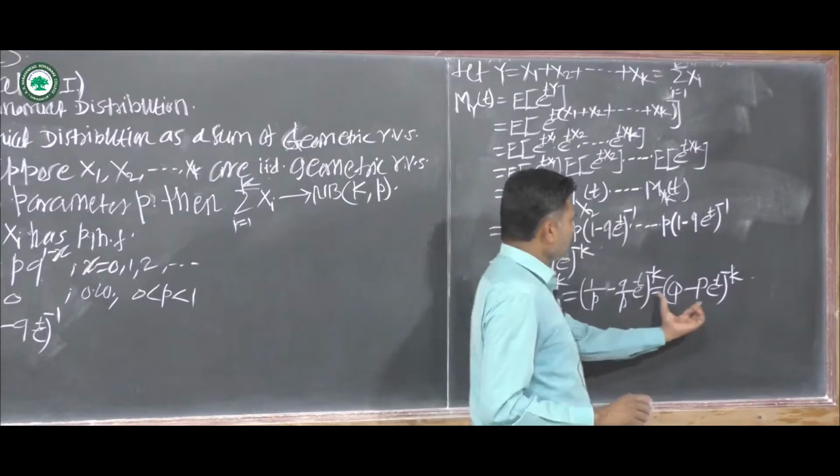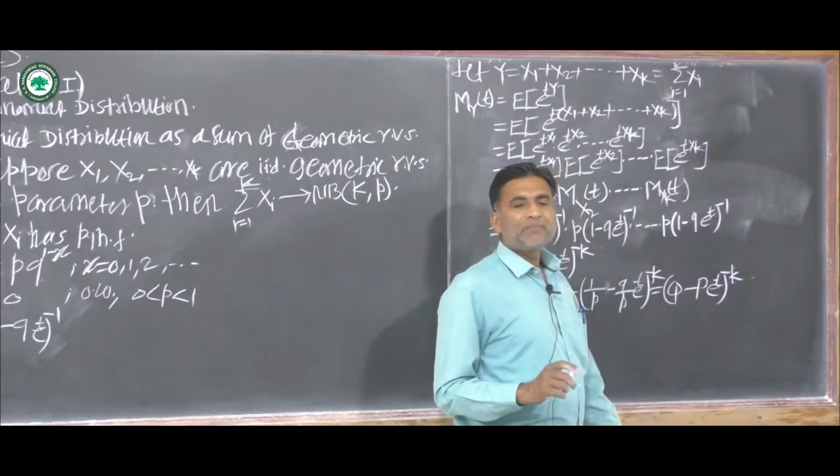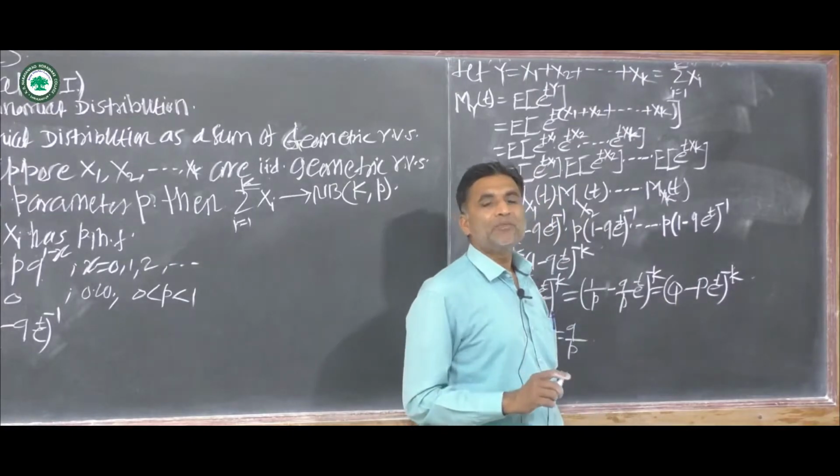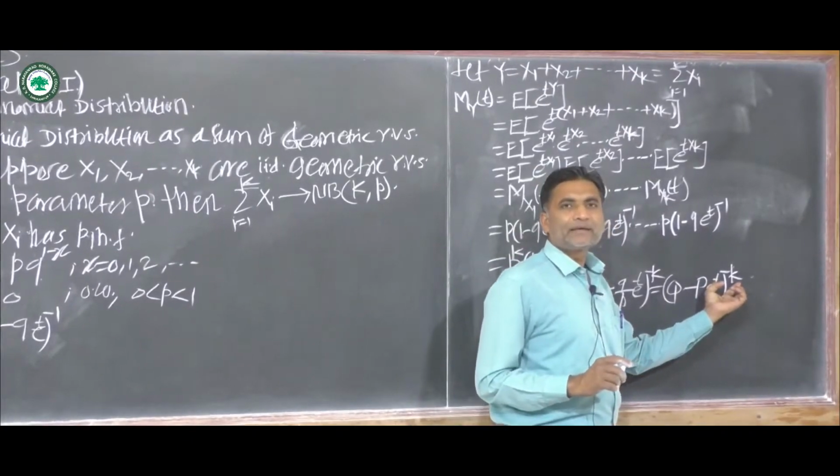Okay, and which is the MGF of the negative binomial distribution with parameter k.